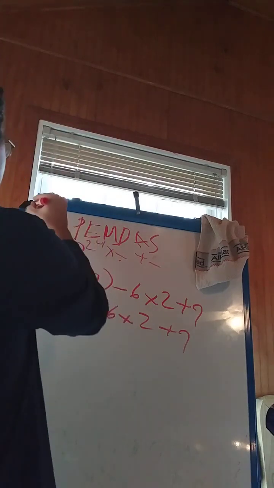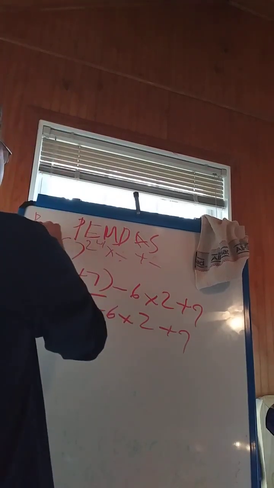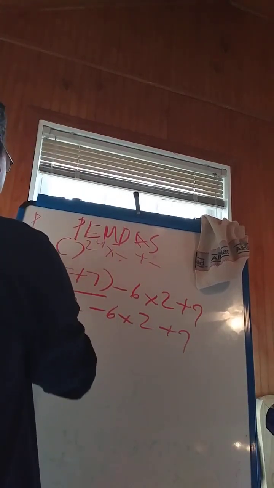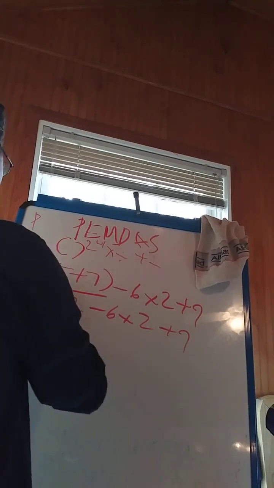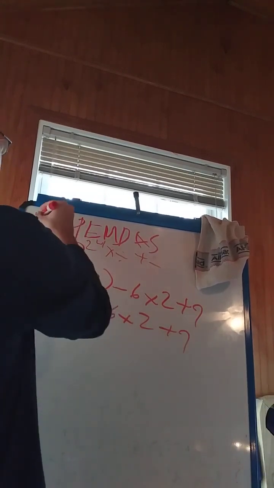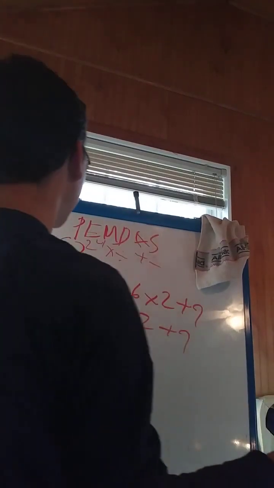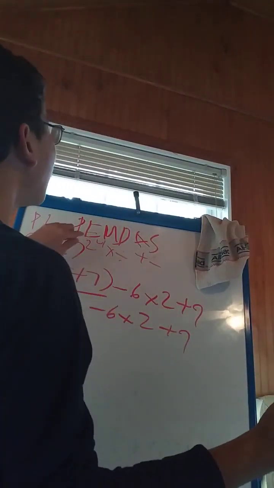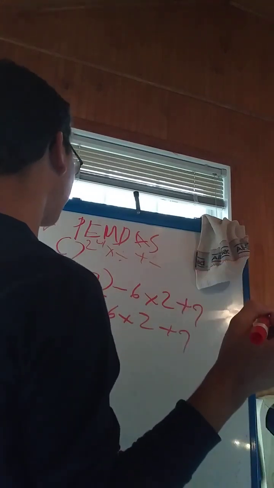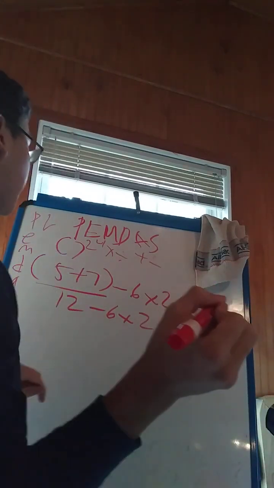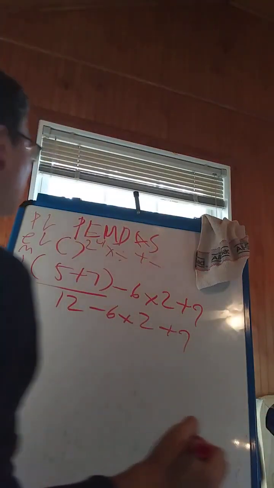So let's write it downhill, I guess. So we cross the P out, so we check the P off. We've dealt with the parentheses. Now, what about exponents? I don't see any exponents here anywhere, so we don't need exponents. Now, what about multiplication?